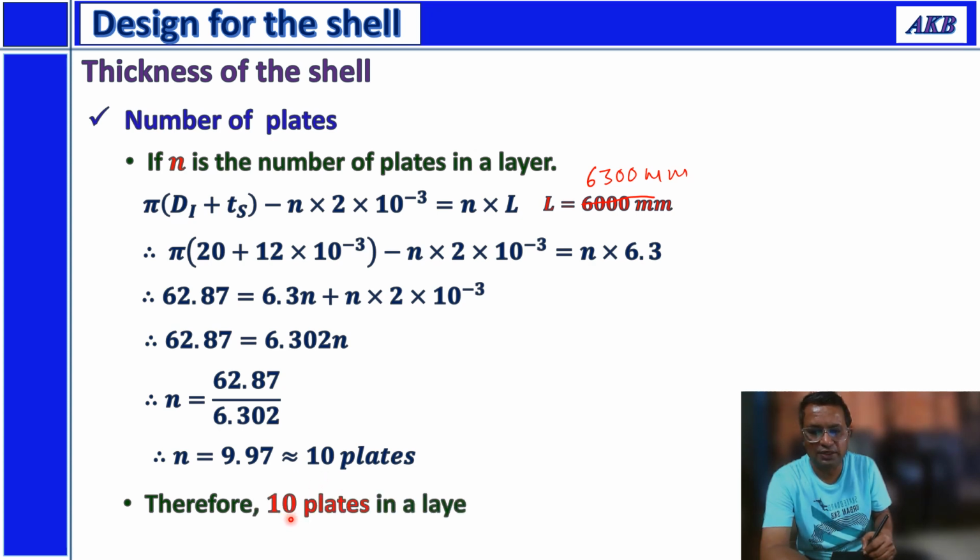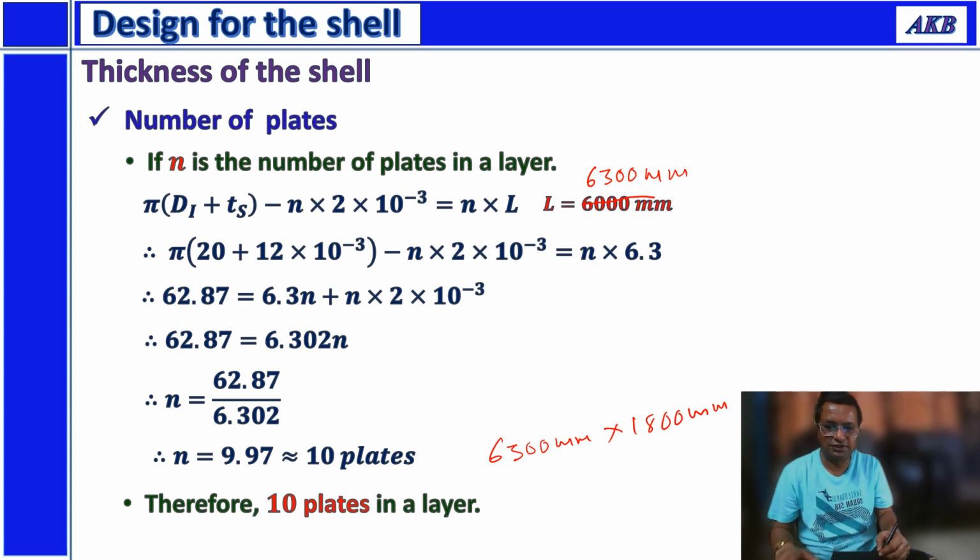That means in one layer there will be 10 plates of the size 6300 mm by 1800 mm. So at the end of this calculation, we now have the number of plates in a single layer. So let us continue with our discussion.